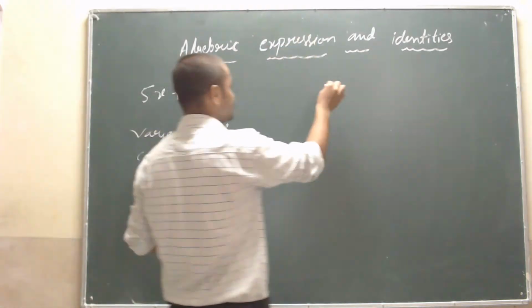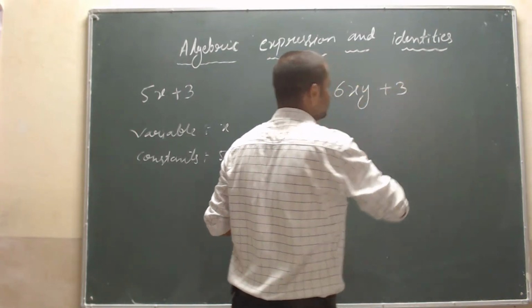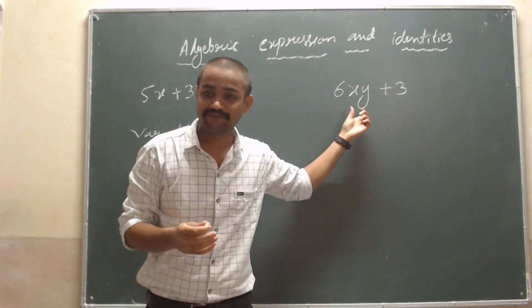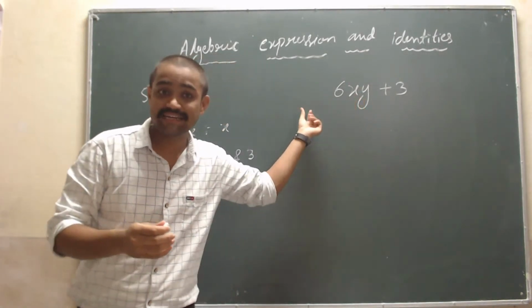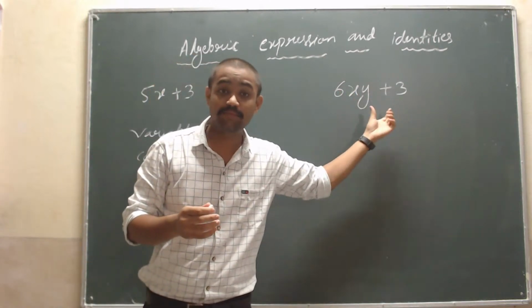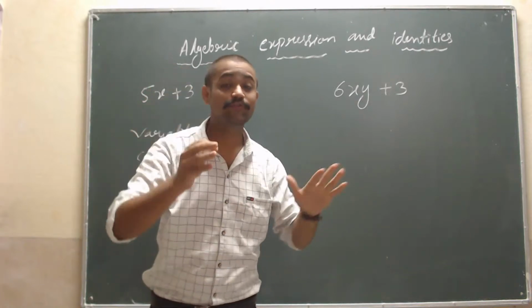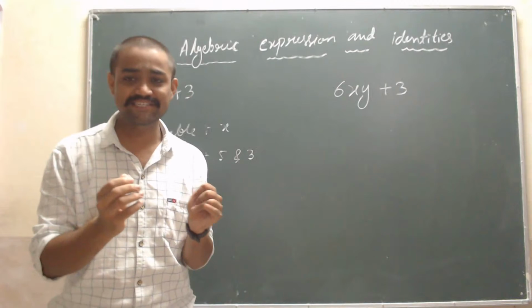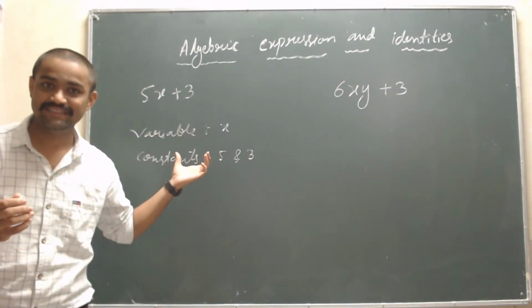Take one more example: 6xy plus 3. Here the variables are x and y, the constants are 6 and 3, and the algebraic operation is plus. You can take plus, minus, multiplication as well as division. This is called an algebraic expression. Is this clear?